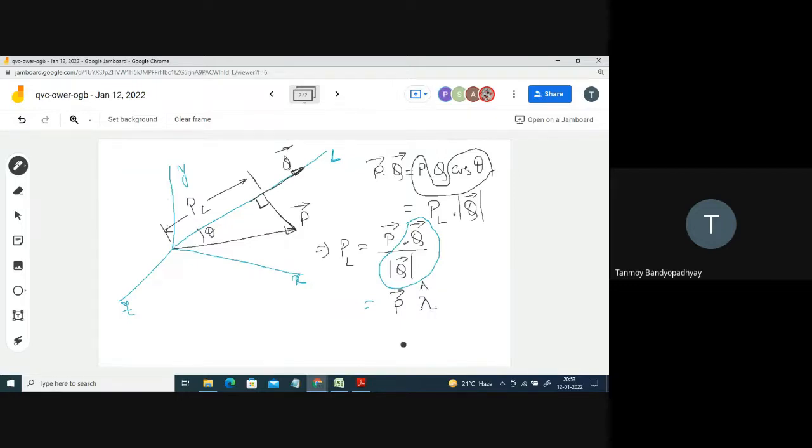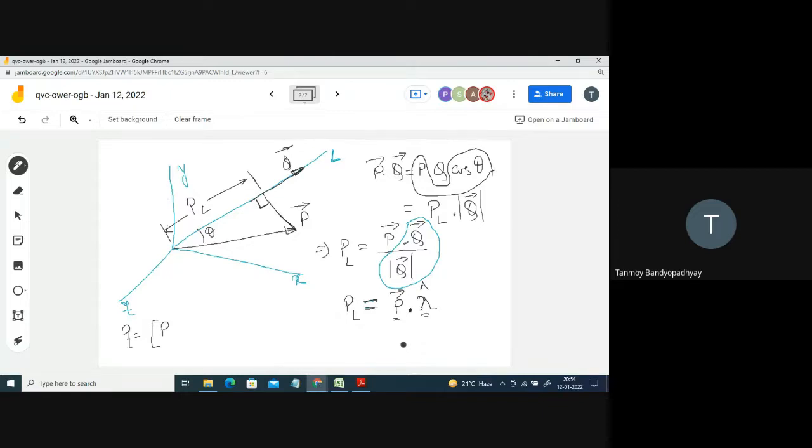So if I need to find out the projection of a force on any axis, ঠিক আছে, what you have to do is find the dot product of the force with a unit vector in the direction of the axis, ঠিক আছে? এটা আমি যদি করতে চাই, so what is vector P?